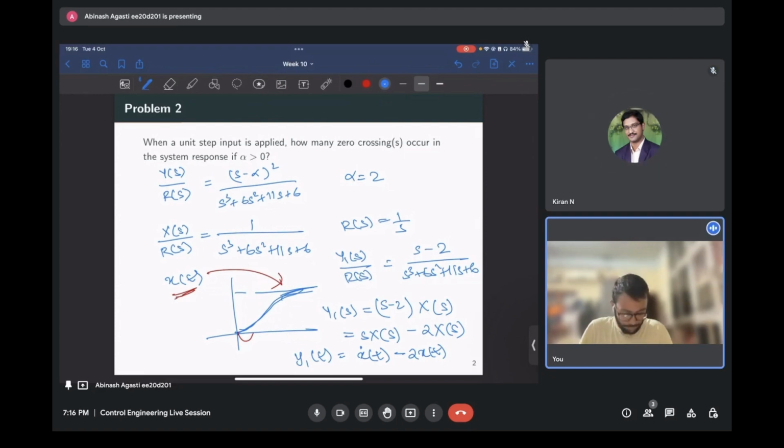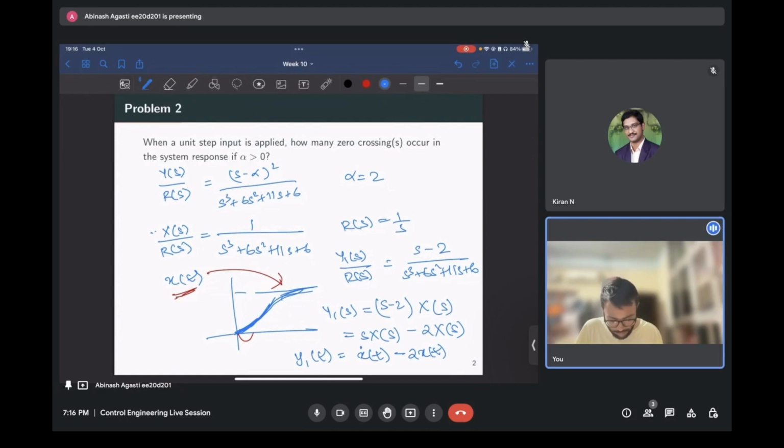Yeah. So what we are saying is this: when we add a zero, the new response of the system, in terms of this x of t that is only with the poles of the system, no zeros, will be a function of x dot and some constant times x of t. So here you can see in this part x is increasing, so x dot is definitely positive.